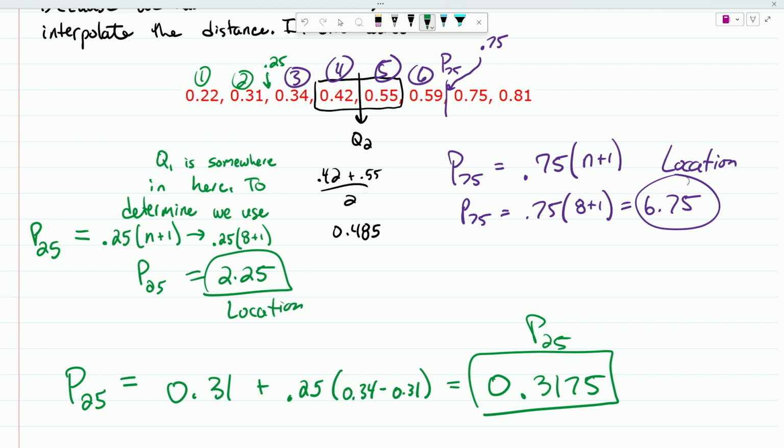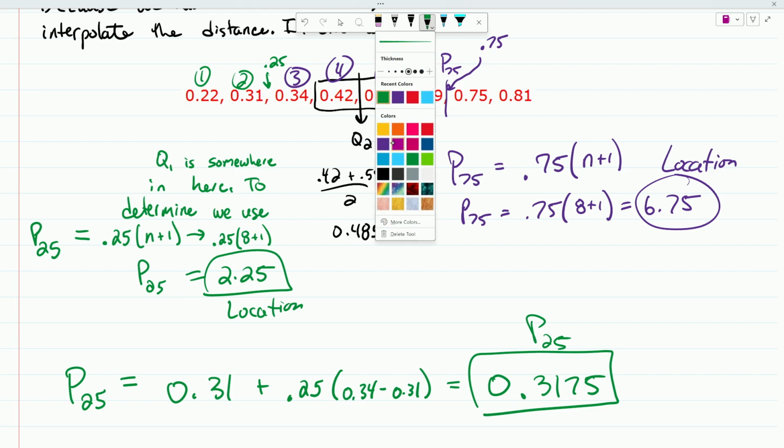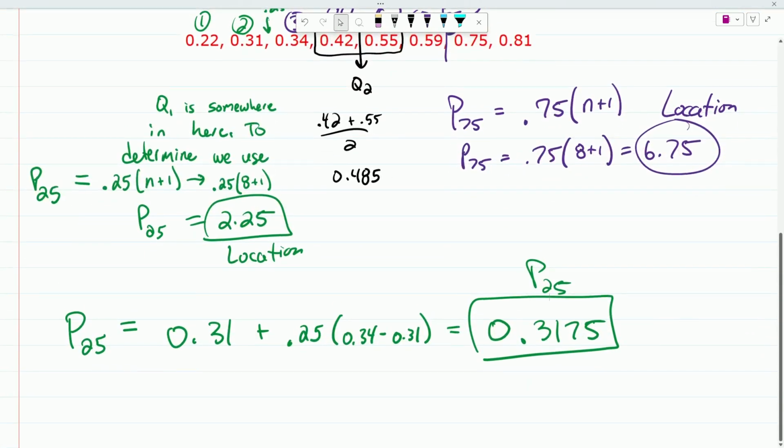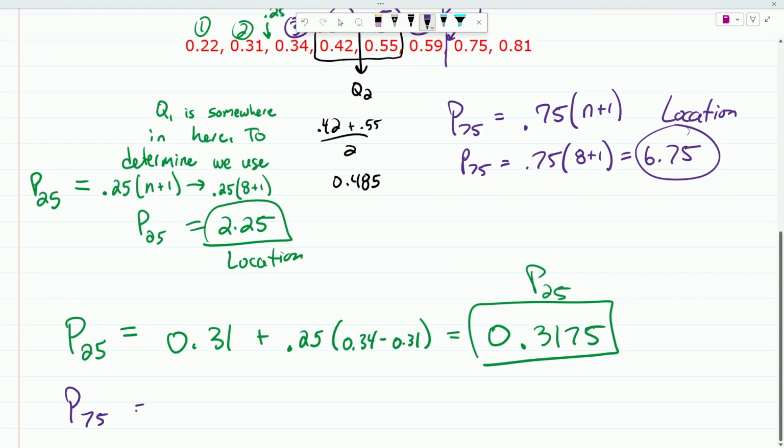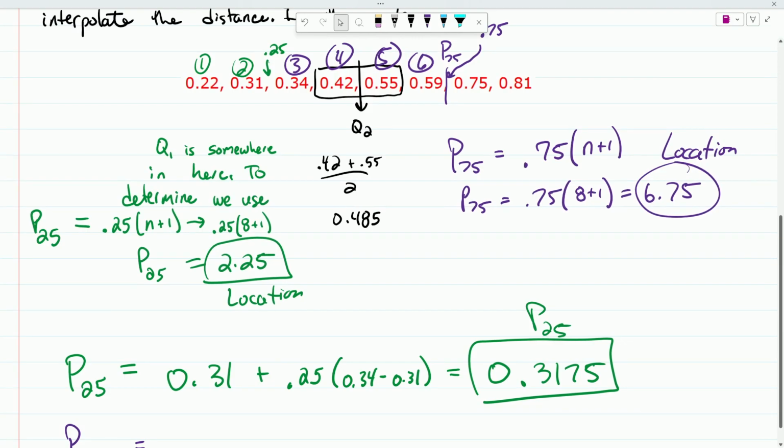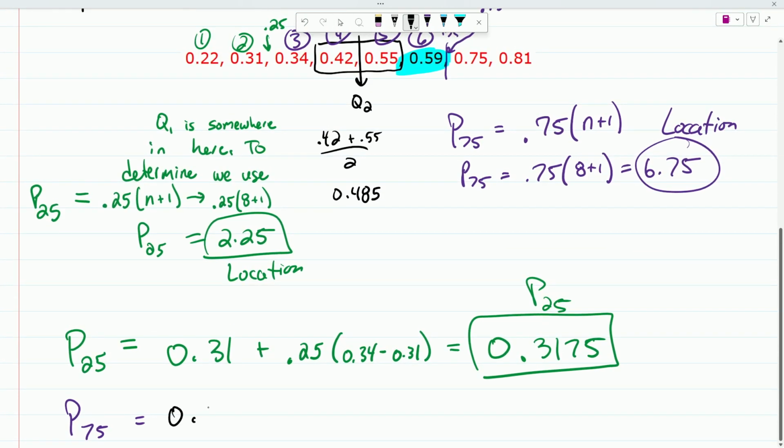And this is the number that separates the bottom 25% of this data set from the top 75%. All right? Do the same exact thing now for P of 75. So I'm going to go all the way up to, and I'm going to highlight it here for us, 0.59, in purple. And I'm going to add 0.75 of the distance between those two values.